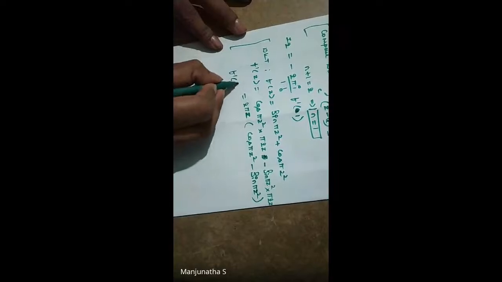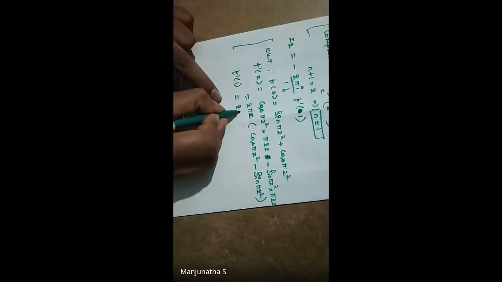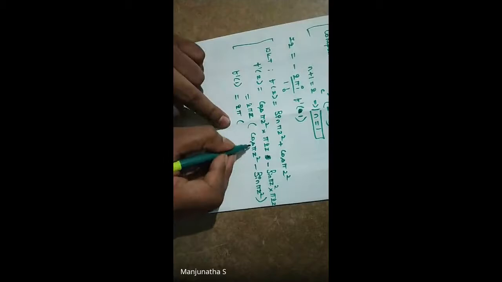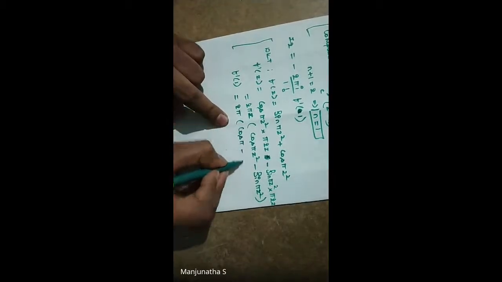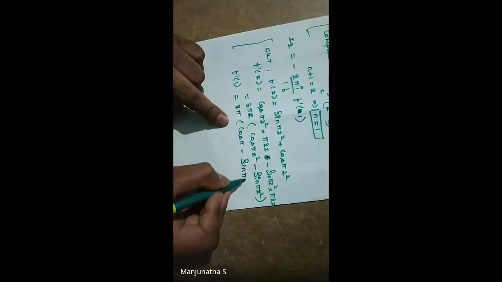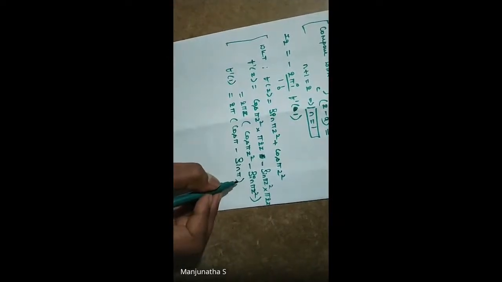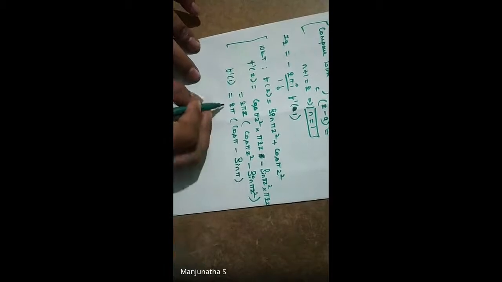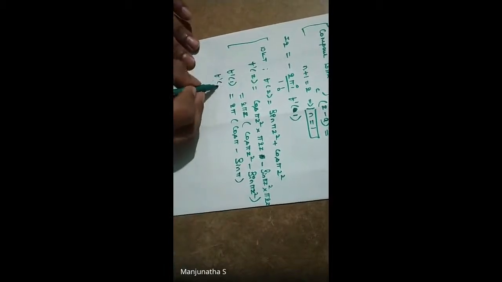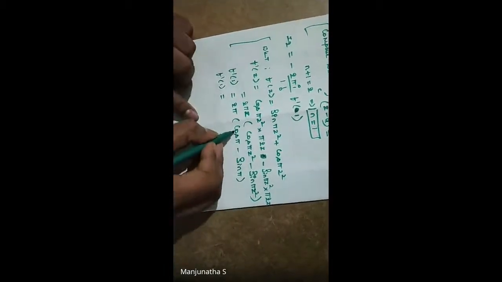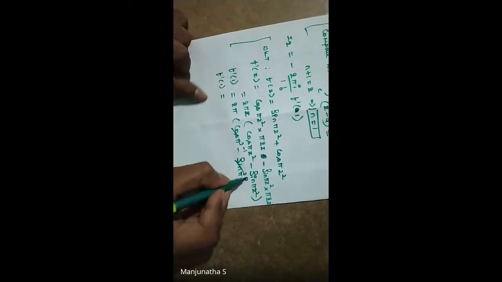What is f dash of 1? F dash of 1 is 2 pi into 1, cos pi minus sin pi. Correct? Cos pi minus sin pi. So f dash of 1 is equal to, cos pi is nothing but minus 1, sin pi is nothing but 0.